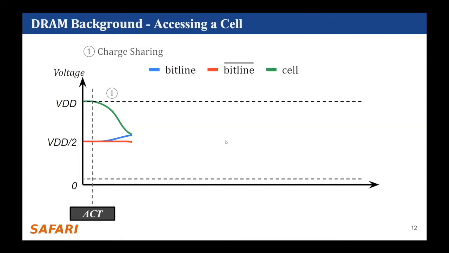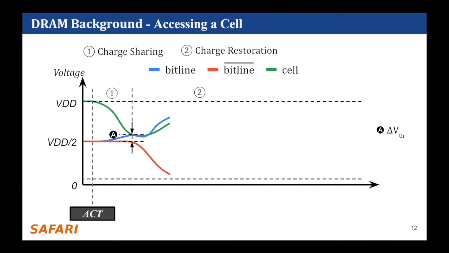This creates a voltage difference across the bitline pair, and when such difference is large enough, the sense amplifier will start to amplify this voltage and start the charge restoration process. We call this voltage difference delta V TH, which stands for the threshold voltage for the charge restoration process to start.